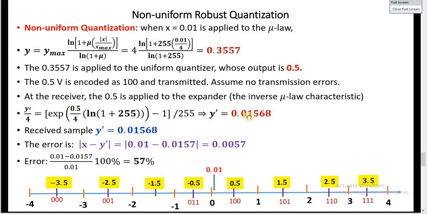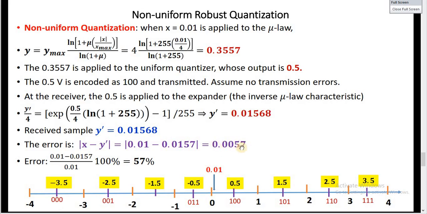The output is 0.01568. So the received sample now is 0.01568. So the error is the input minus the output, which equals 0.01 minus 0.0157, which equals 0.0057.